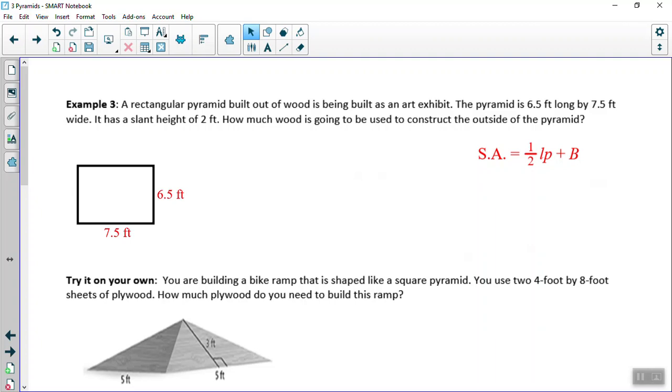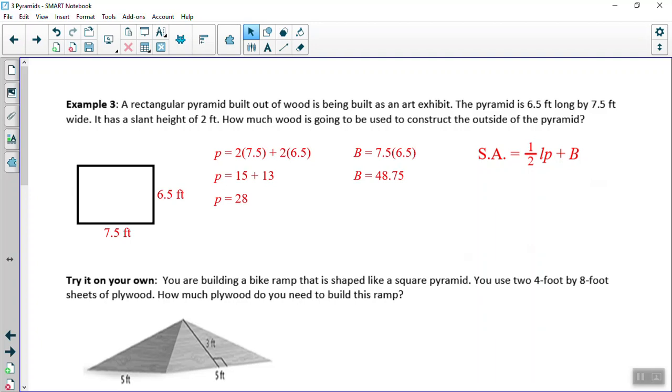Alright, so to find the perimeter of a rectangle, remember it's 2 times the length plus 2 times the width. So do that math, and we find that the perimeter of that base is 28. Now we can find the area, which is the length times width, and we come up with an area of 48.75.